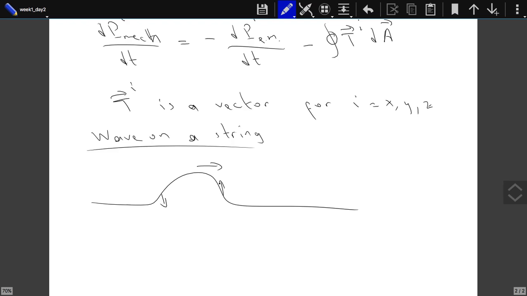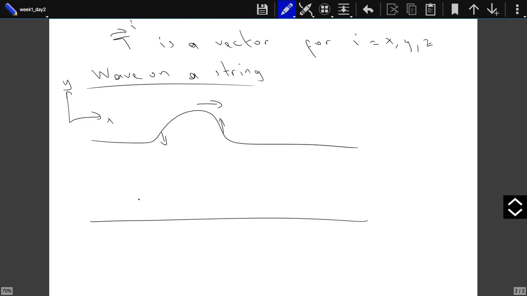So we can talk about the vertical momentum. Let's say this is the x and this is the y direction. We can plot p_y as a function of x at a given time. Here, there is no momentum up to this point. They are at rest. After this point, there is no momentum.